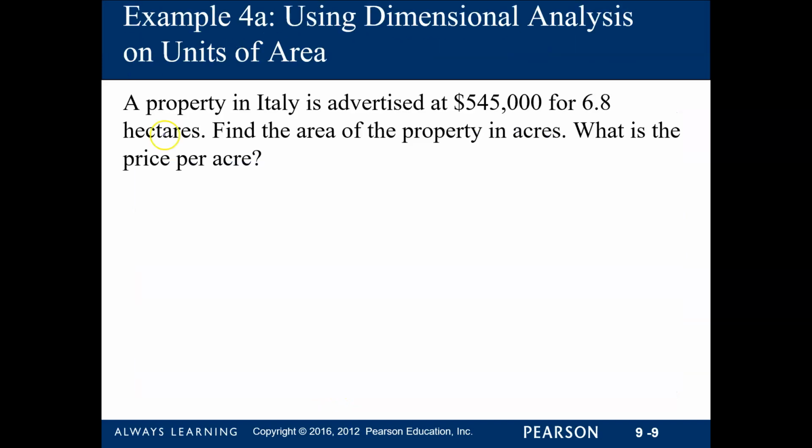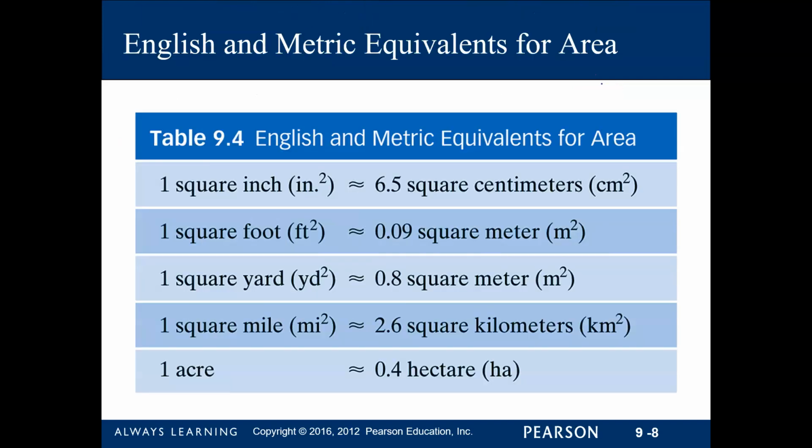So now let's take a look here. A property in Italy is advertised at $545,000 for 6.8 hectares. Let's start with finding the area of the property in acres. So we are given 6.8 hectares. Now, how do we use hectares?